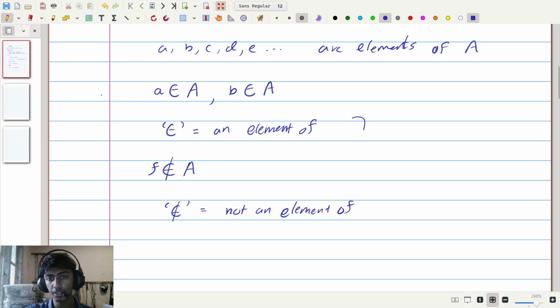These two symbols will be quite useful and important, and they occur a lot, especially in papers. In papers, they always give certain variables as being elements of certain sets, so that it limits the possible answers that you can give, often to just one answer. And in mathematics also, generally, we want to limit the number of possible answers, or we are interested in a particular set of answers.